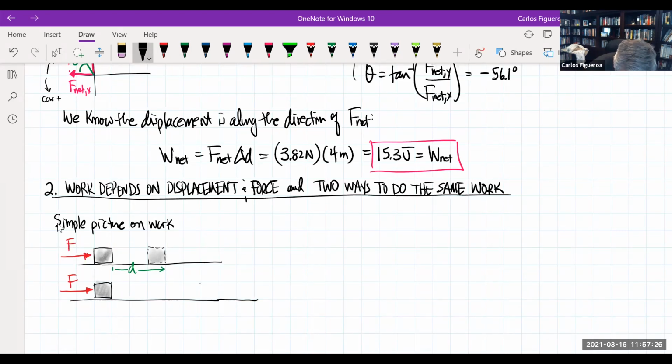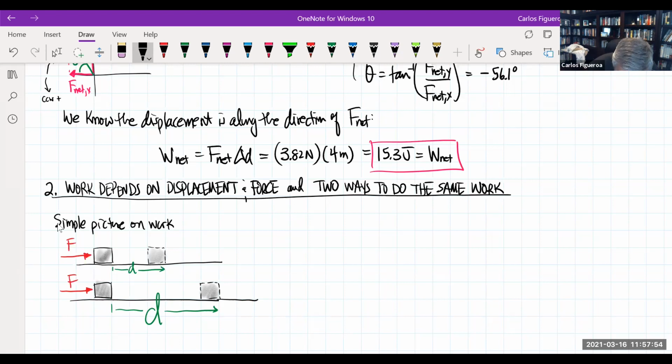If I move this block twice as far, I clearly have a much larger distance, and so therefore I have to do more work. I mean, that's not rocket science. If I tell you to carry a box half a block, and then I tell you to carry a box the whole block, clearly moving the whole block costs you more work.